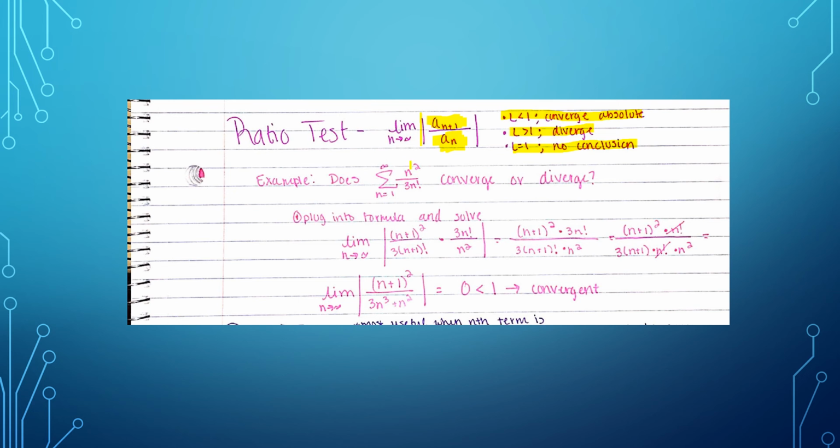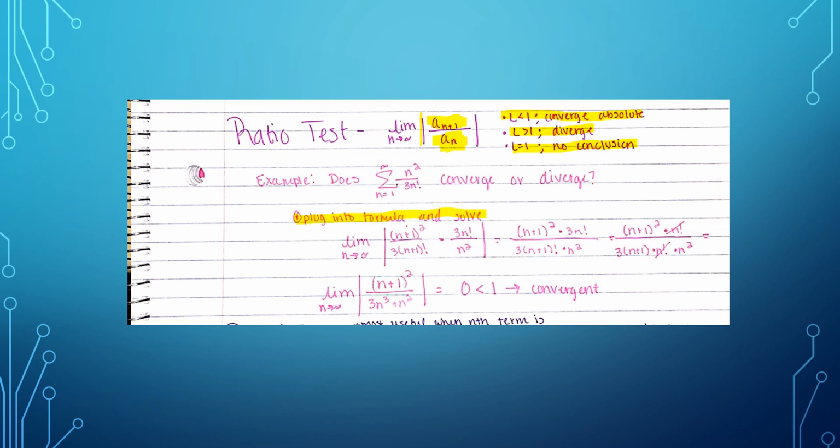Our example problem is asking if the series from n equals 1 to infinity of n squared over 3n factorial converges or diverges. Now our first step is to plug it into the formula and solve. There's really only one step. So when we plug it into the formula, we get the limit as n approaches infinity of the absolute value of n plus 1 squared over 3 times n plus 1 factorial.